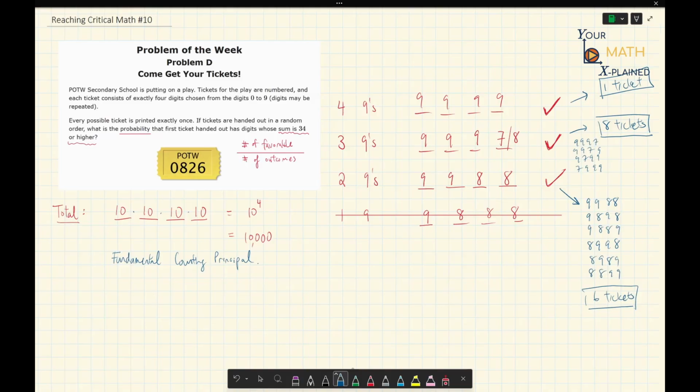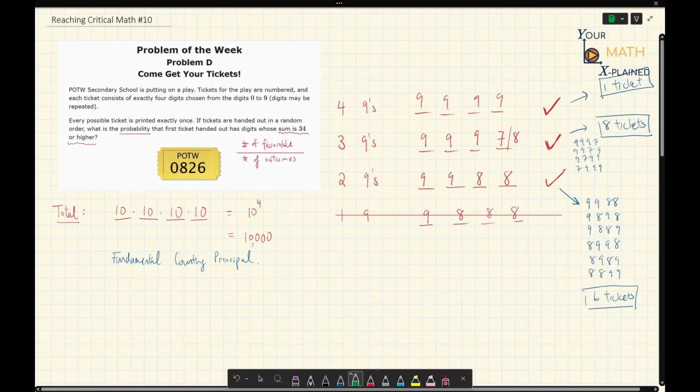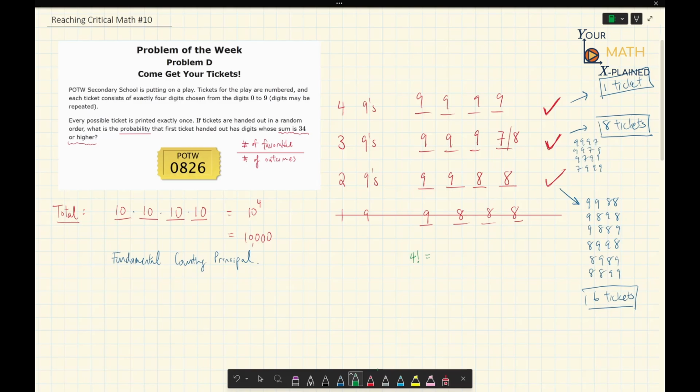So we might want to introduce you to a new notation called factorials. Factorials is a simplified form of multiplication. So if somebody wrote down 4 factorial, this also means 4 times 3 times 2 times 1. You multiply the positive integers down to 1.